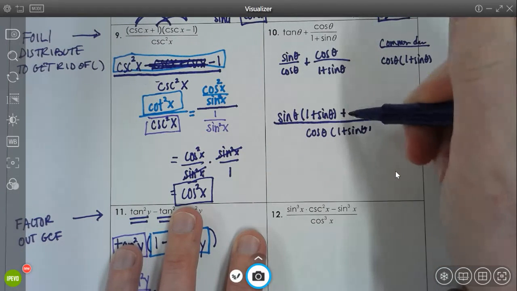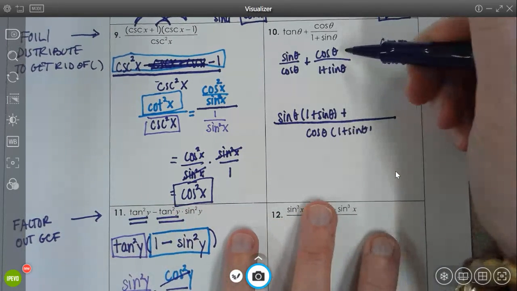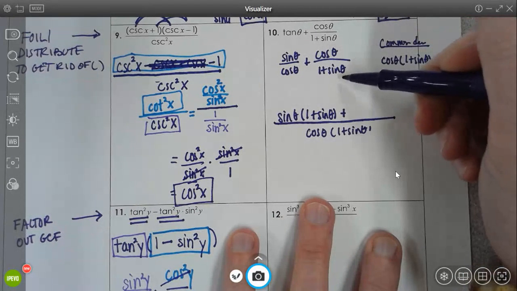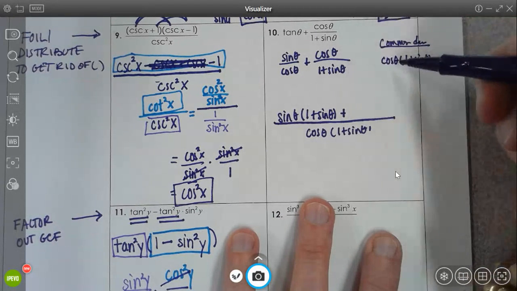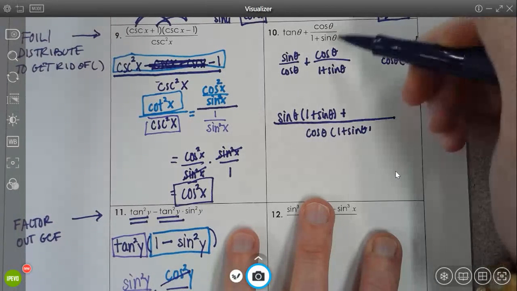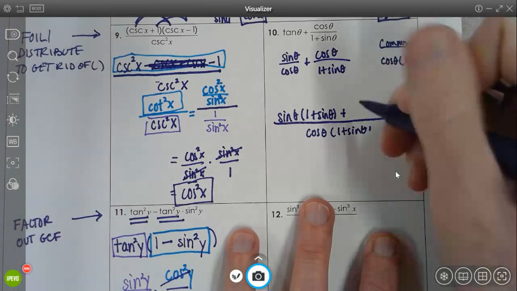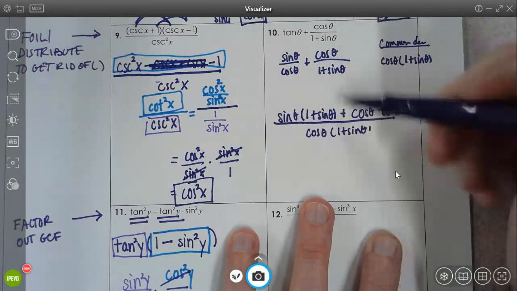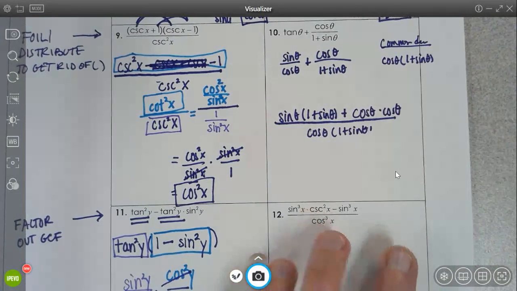Then I'm going to put my plus sign from between the two fractions. And then my second fraction here has the cosine theta up top. And in the denominator, it has 1 plus sine theta, so it's missing the cosine theta. So I'm going to multiply both of these by cosine theta so that I create that common denominator and I combine these two.